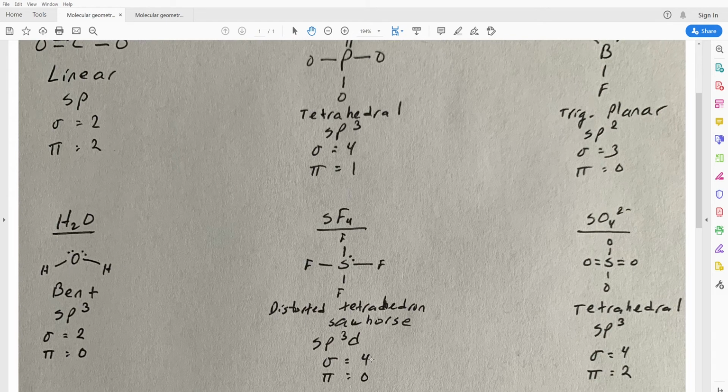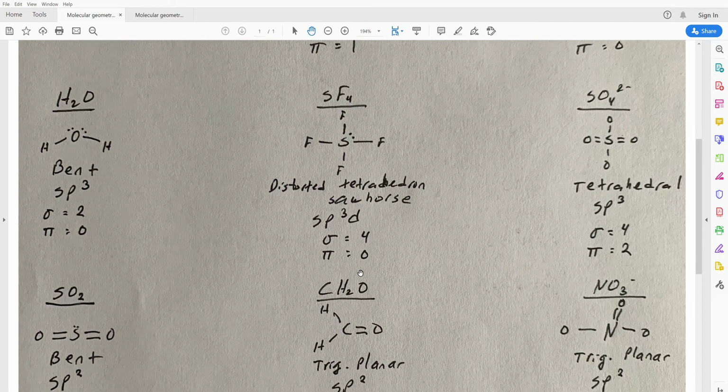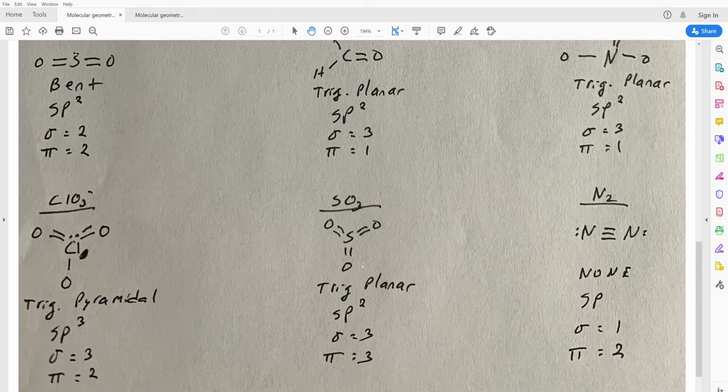Here we don't have any pi bonds, just the 4 sigma, but it turns out to be sp3d hybridized instead of sp3. The phosphate is tetrahedral, where this one is going to be a distorted tetrahedron because of that extra lone pair.